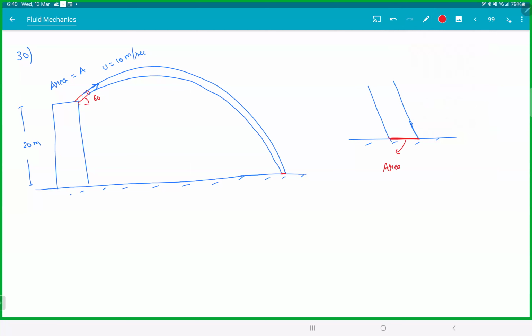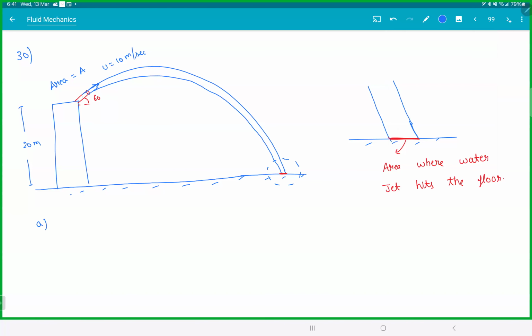Basically, this area we are talking about. So basically this FBD we are drawing here.